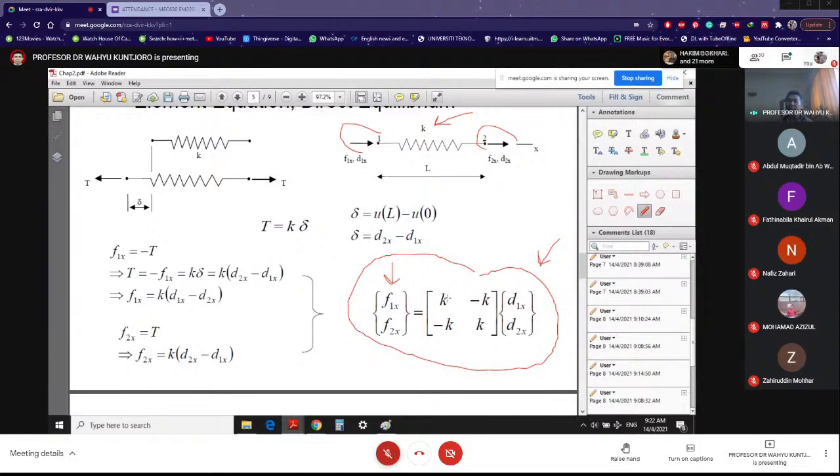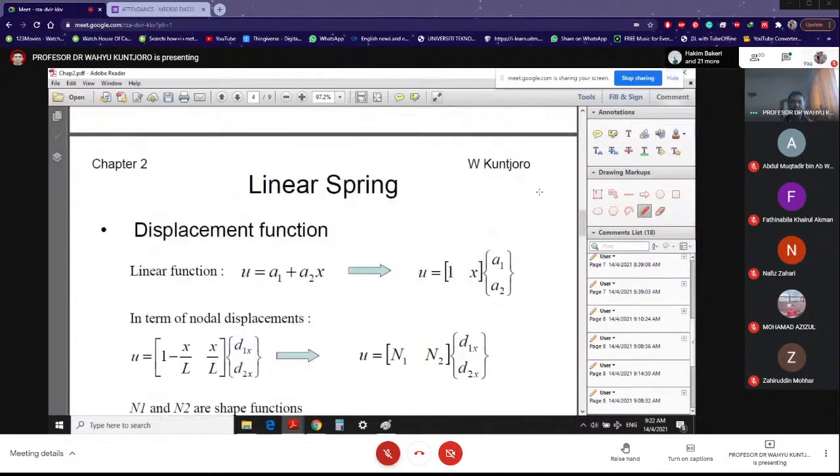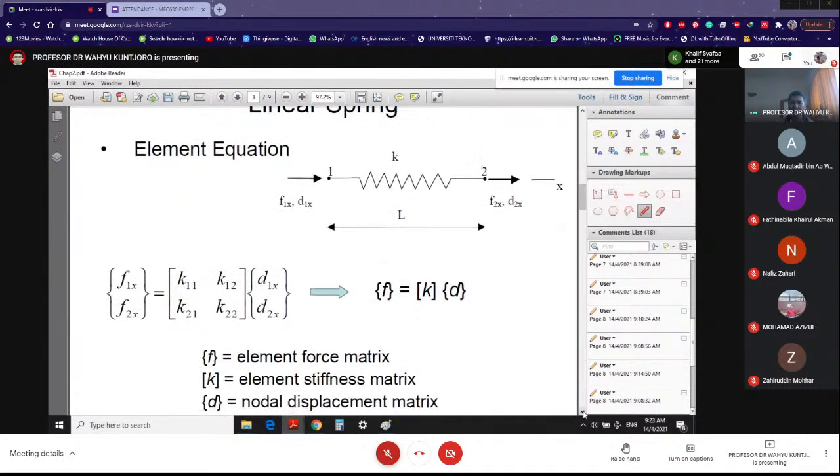I'm not going to give example for this spring here. I'm going to go straight to bar structure. Hold on, let me check what I have here. Okay, this is spring. Now let's go to bar.